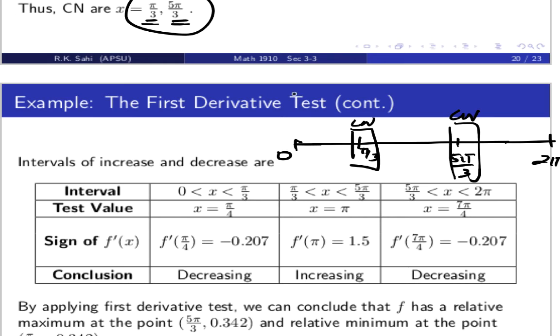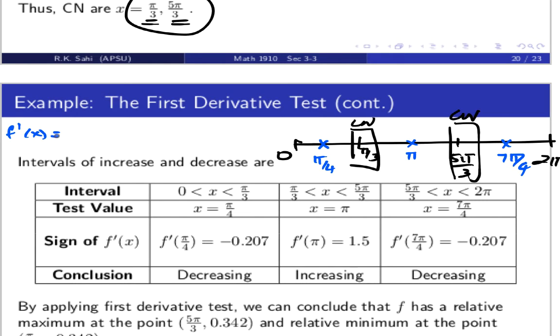Now we're going to look at our test values. So for 0 to pi thirds, I'm going to pick pi fourth. From pi thirds to 5 pi thirds, an easy value is pi, and for 5 pi thirds to 2 pi it's 7 pi fourths. So you evaluate the derivative function at pi fourth. Now remember, what's the derivative of the function?